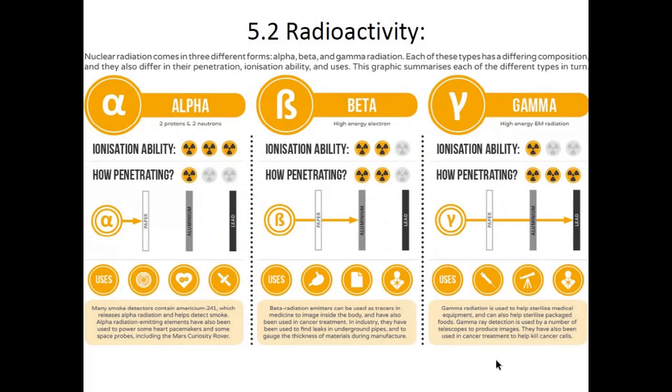They are used to help sterilize medical equipment. They can also help sterilize packaged foods. Gamma rays detection is used by a number of telescopes to produce images of distant stars. They have also been used in cancer treatments to help kill different types of cancer cells.